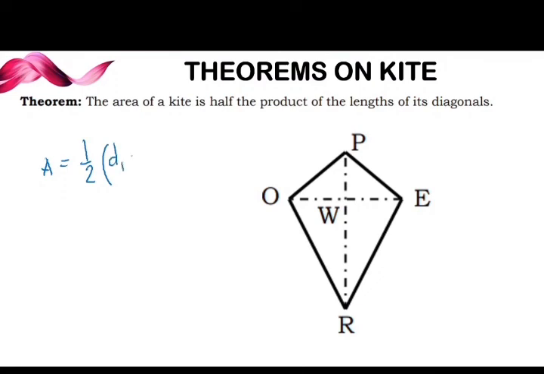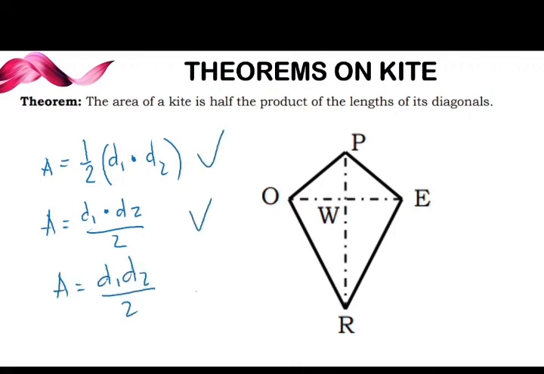Let's say d sub 1 times d sub 2. Alright? Diagonal 1 times diagonal 2 divided by 2. Right? Or area is equals to d sub 1 times d sub 2 divided by 2. So, ito po yung pinaka-formula natin ngayon dyan. Okay? So, kahit alin dyan sa tatlo, pwede nyo gamitin.